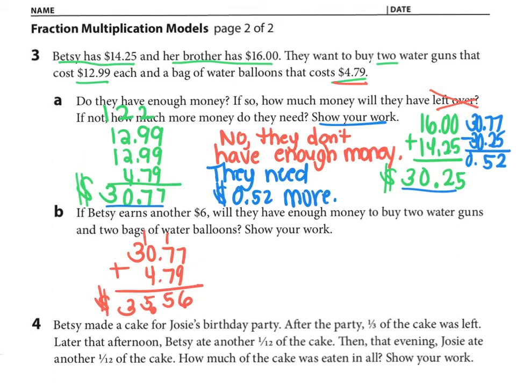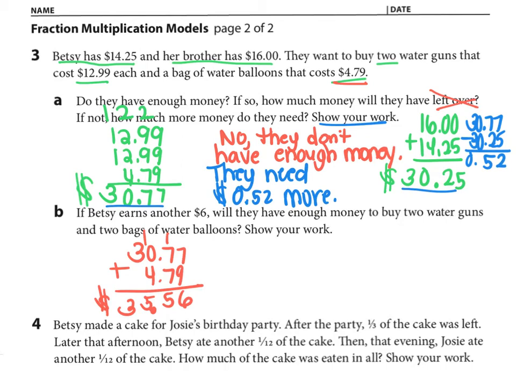And if Betsy earns another $6, will they have enough? So currently together they have $30.25. If she earns another $6, they'd have $36.25. Would they have enough money then to buy these 2 water guns and 2 bags of water balloons? Yes, they would.